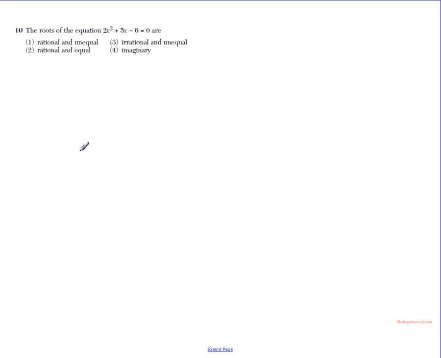Question 10. It says roots of the equation are rational and unequal, rational and equal, irrational and unequal, or imaginary. So to do this, we're just going to focus on one part of the quadratic equation, which is known as a discriminant.